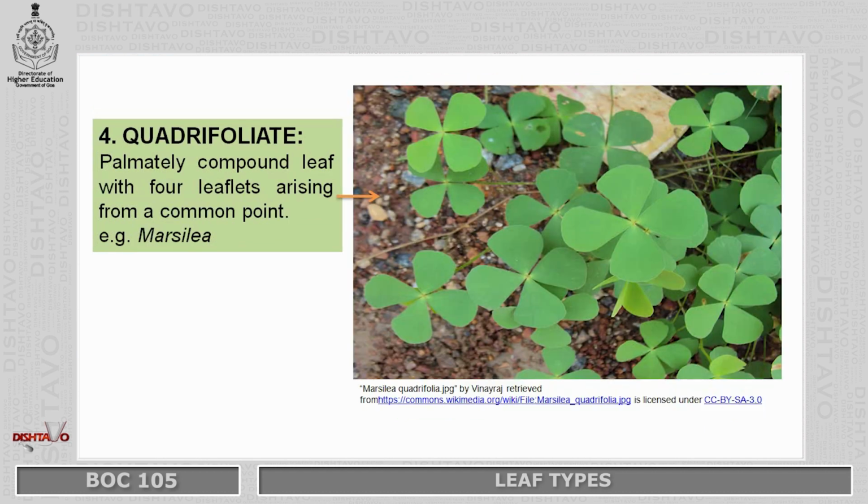Next is quadrifoliate. The picture shows Marsilea, which is showing four leaflets attached to the common point at the top of the petiole. This palmately compound leaf is showing four leaflets, and therefore we call it quadrifoliate. We see this in the pteridophyte Marsilea.